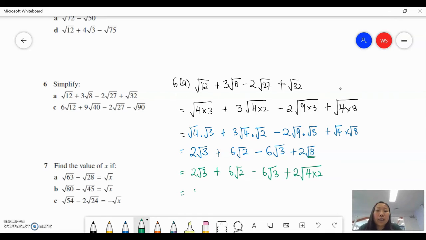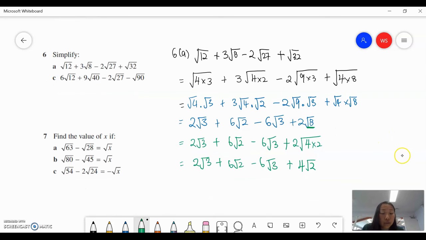So on the next line, you can see that that can be further factorized out. Right, so square root of 4 will become 2. So 2 times 2 giving you 4, and then square root of 2. Okay, now that we have our simplified surds over there, we can then begin to simplify that.